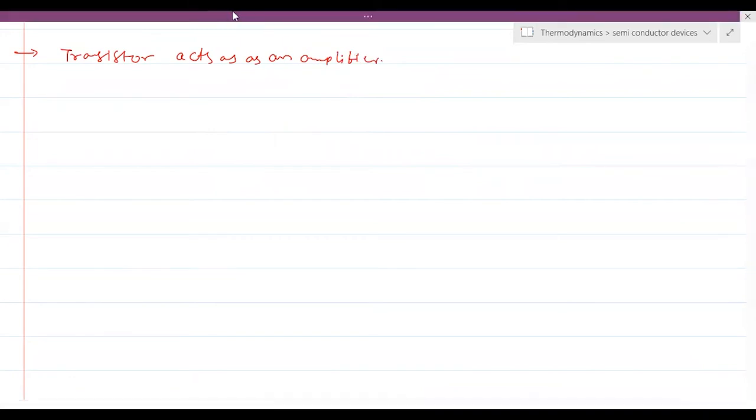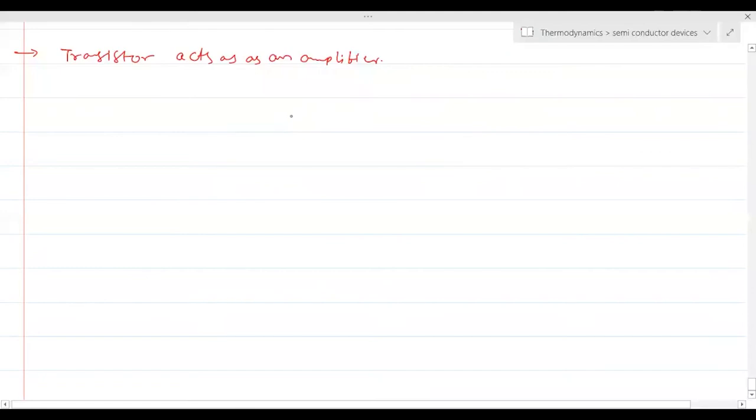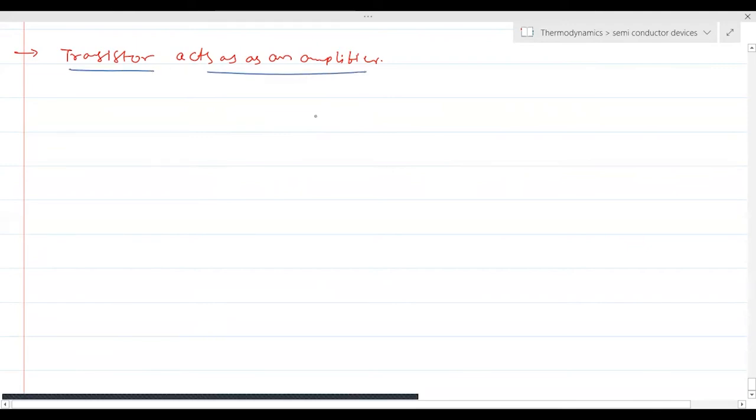We are going to construct a transistor circuit which acts as an amplifier, so let us briefly discuss the situation.